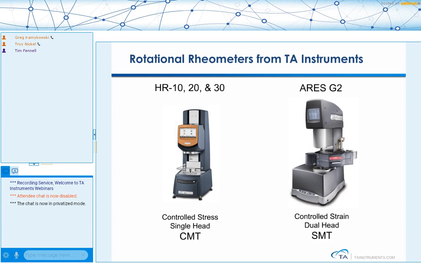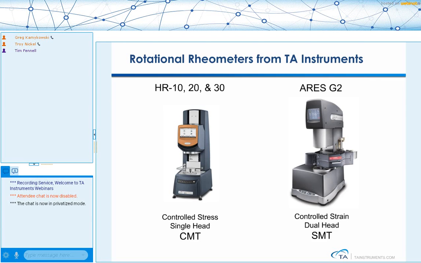These are the rheometers that we sell. We have the HR 10, 20, and 30, and these were just introduced in early March of 2020, and these are replacing the very successful DHR rheometers that we had for several years.